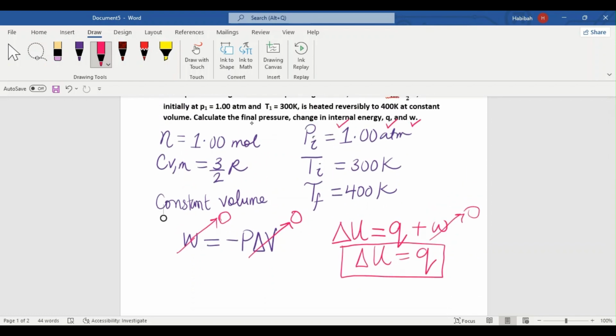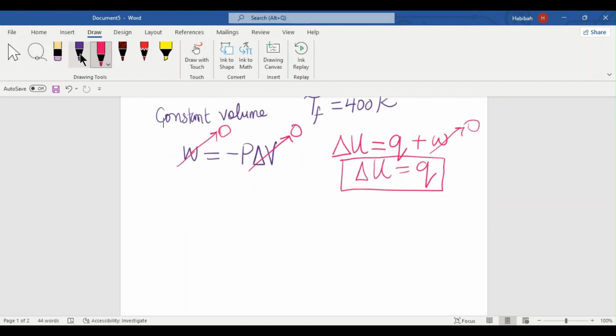Since this is an initial pressure, final pressure type of question, we remember that the ideal gas equation is PV equals nRT. The number of moles is constant, the gas constant is constant, and volume is constant.